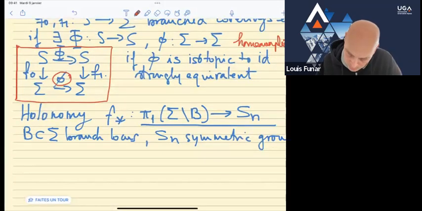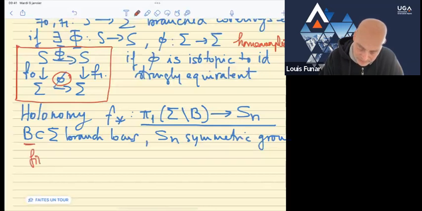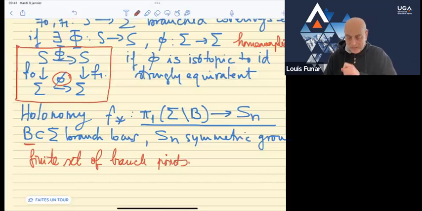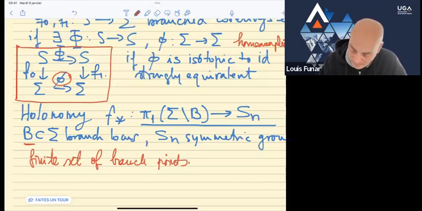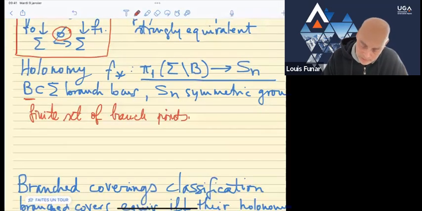The first invariant which was introduced is simply the holonomy of the branch covering. So we are looking at the set B, which is the finite set of branch points of our ramified covering, and we have the holonomy of the cover, defined on the surface minus the branch points.